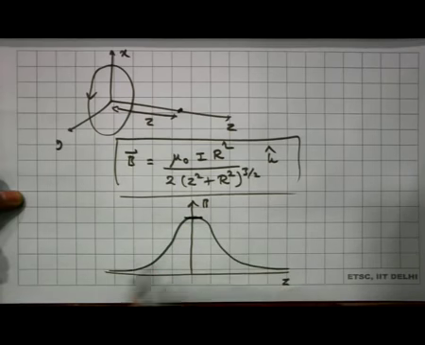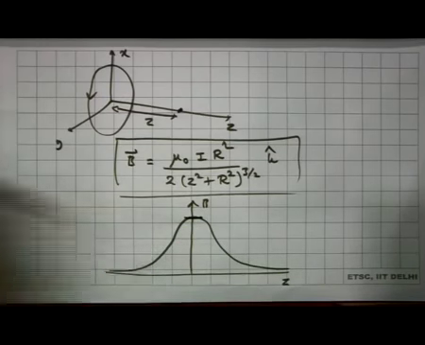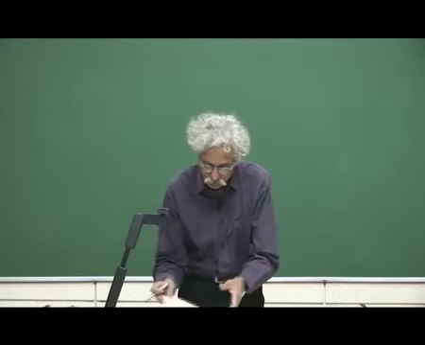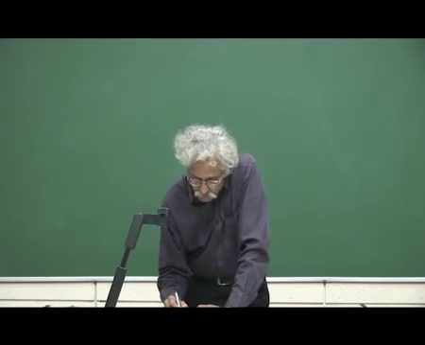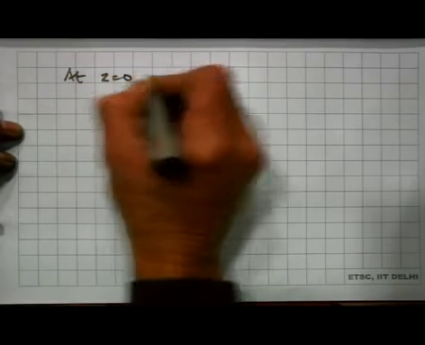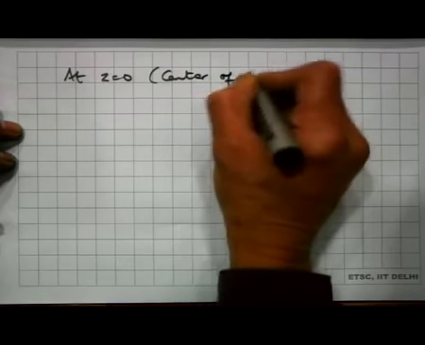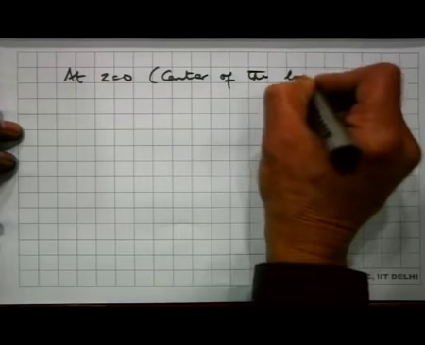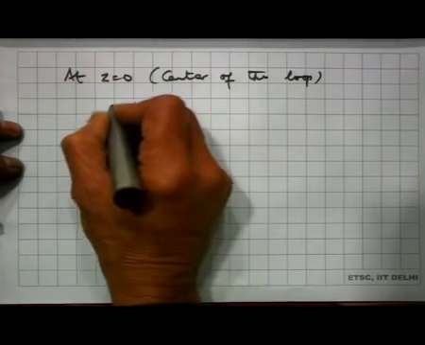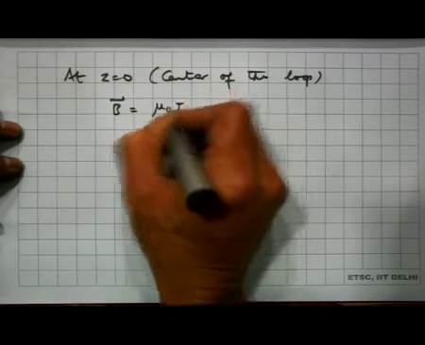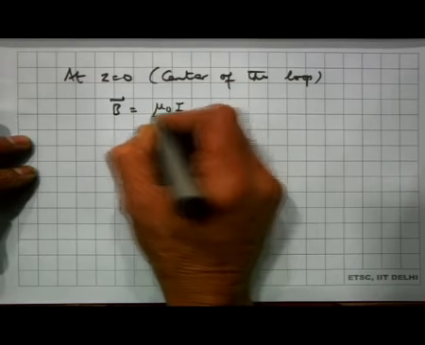So, this is the peak of the magnetic field. So, magnetic field at the center of the loop, B is equal to mu naught I by.